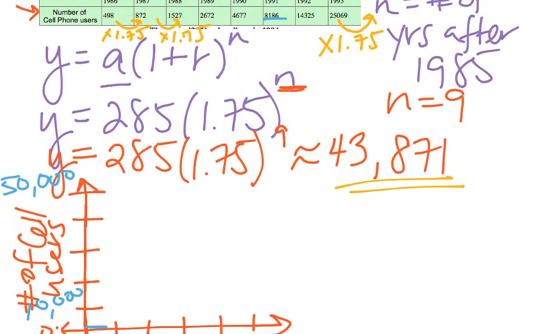So let's try that. 2, 4, 6 comes out to be 8,000. 14,000 after 7 years, so about there. 25,000, that's going to be in the middle here. Okay, so our graph looks something like this.